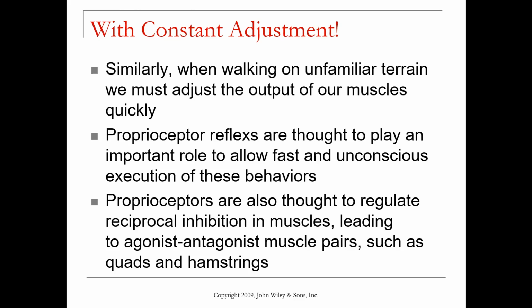We also use proprioceptors to control our antagonistic muscle pairs, like the quads and the hamstrings. That's when one set of muscles is contracting, like the hamstrings are contracting, the quads are relaxed.